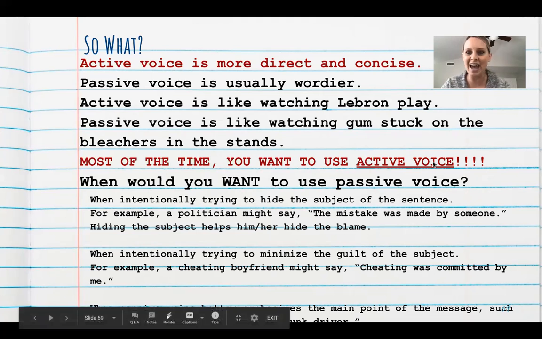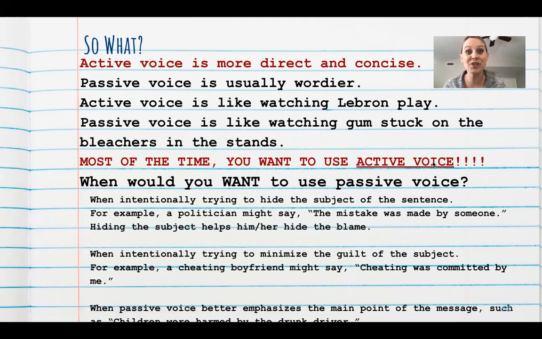So a good analogy is active voice is like watching LeBron play, and it gives action and makes it alive. Whereas passive voice is a little like watching gum stuck on the bleachers in the stands. It's not as active and engaging, and really the objects become the doers. And we know that's not really stimulating. Most of the time, you want to use active voice.